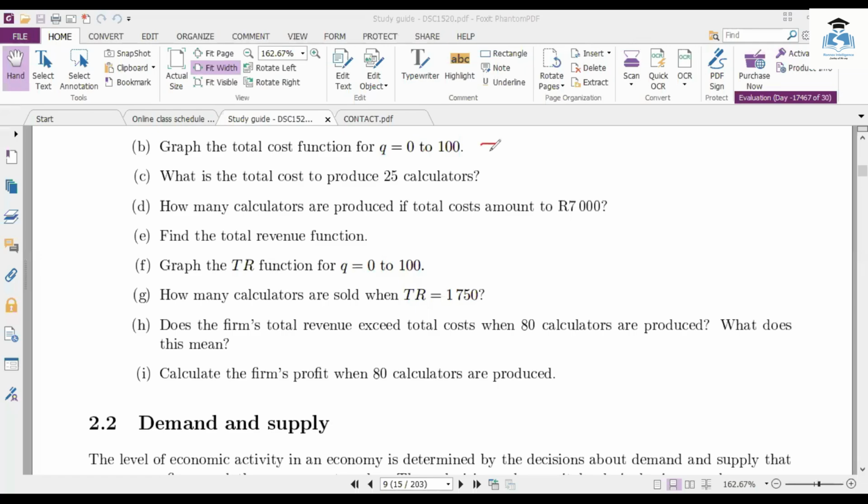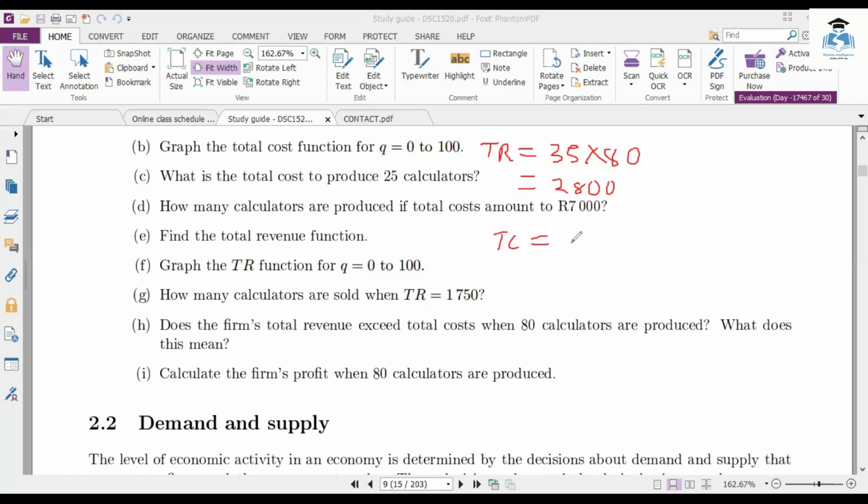And then you compare. Total revenue is equal to 35 times 80. So what do we get? 2,800. Yes. But they also say, does the firm's total revenue exceed total cost? So we also need to find the total cost, right?